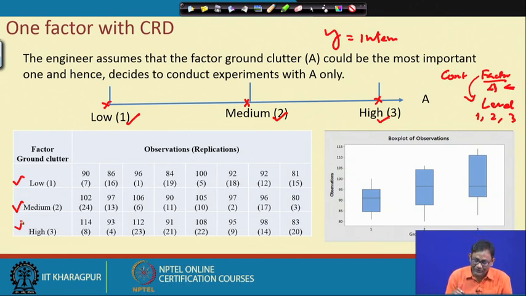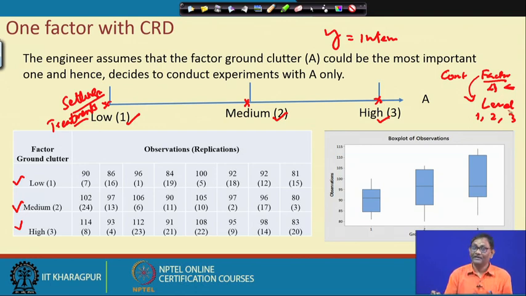Suppose you thought that you will conduct the experiment keeping A at low, A at medium and A at high, and there is a number of experiments in each of the settings. These are experimental settings, which are also known as treatments. The process is treated at this level, at this level or at this level. These are known as treatments.